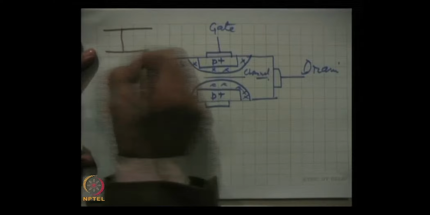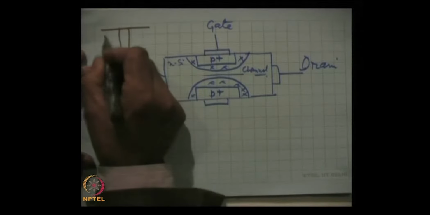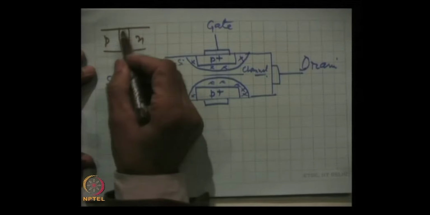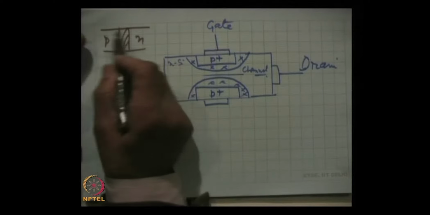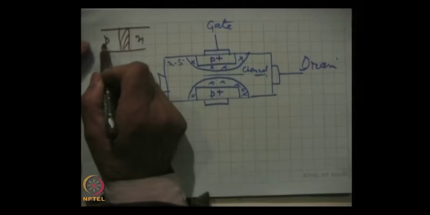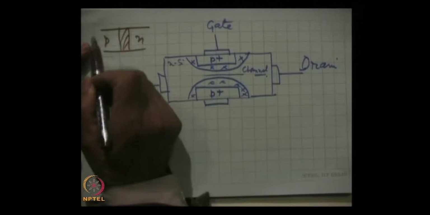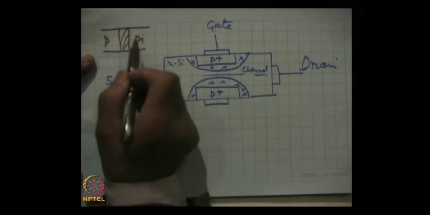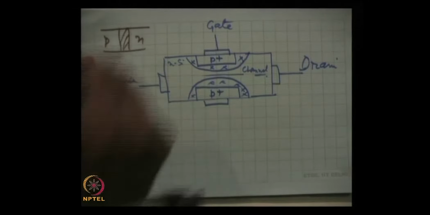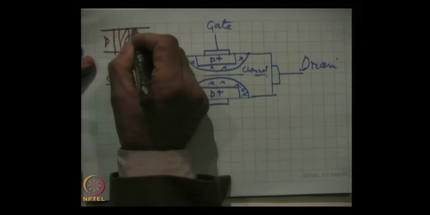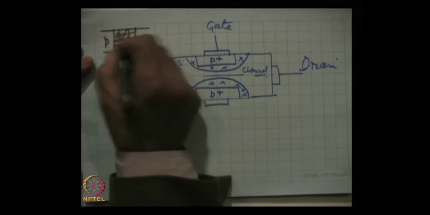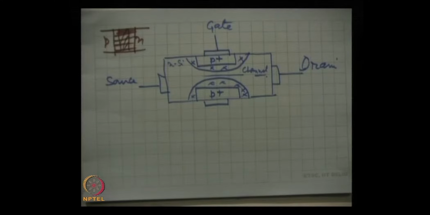Remember that in the PN junction, if this is P type, this is N type, and this is the depletion region, if we increase the reverse bias, that means P region is given a negative potential and N given a positive potential, then this is widened. This is the new depletion width.